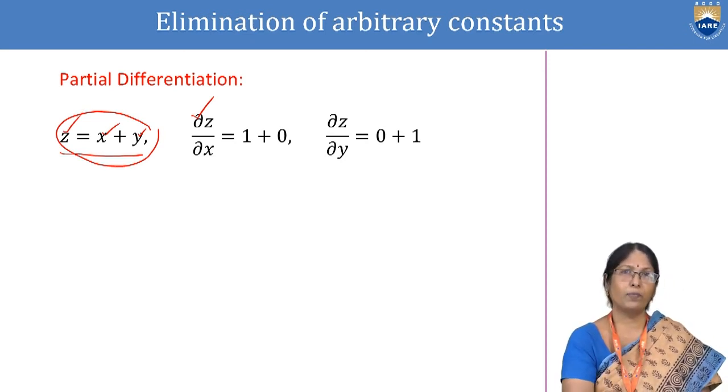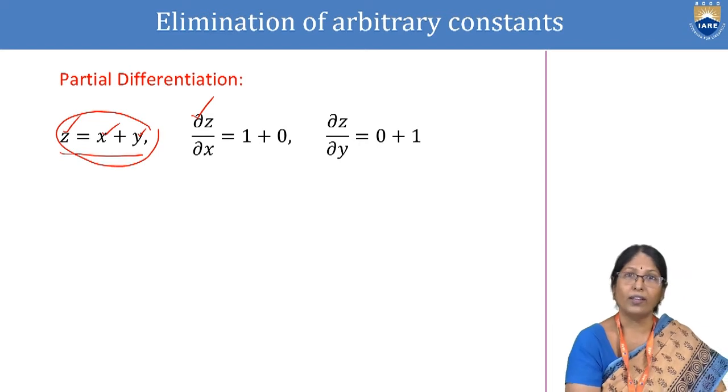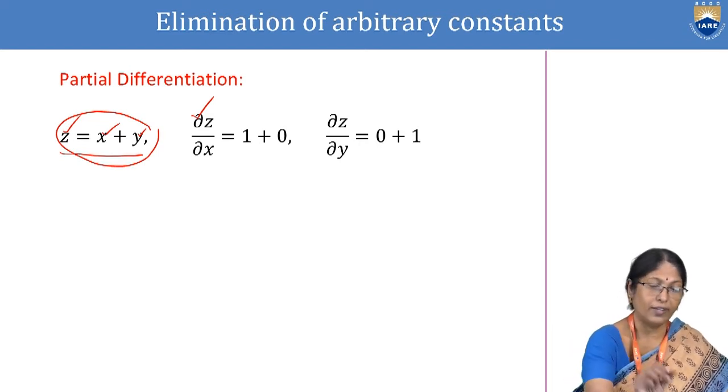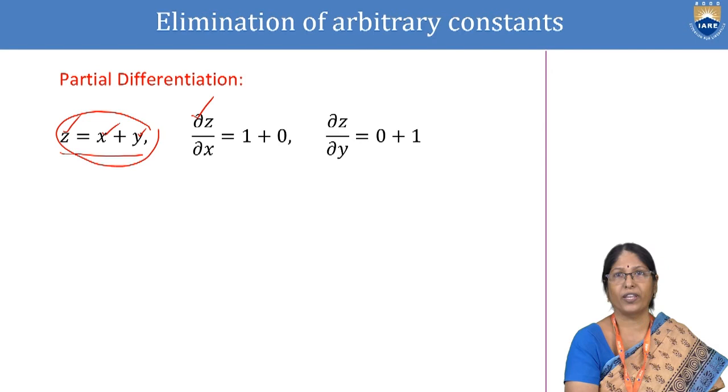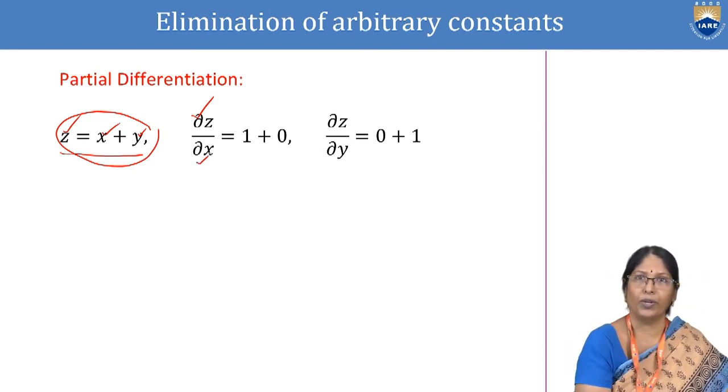Whatever variables are there, first we have to identify which is dependent and which is independent. Now x and y are independent, z is dependent. The point is very clear. Fine. We want to find ∂z/∂x.